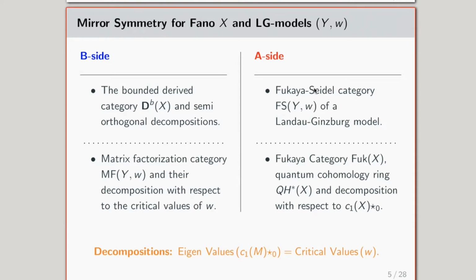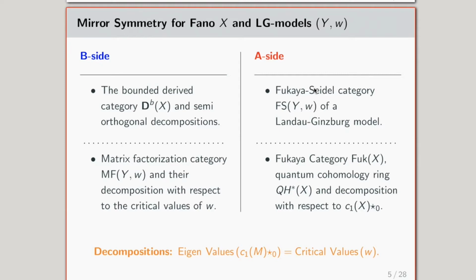So the set of eigenvalues of the quantum multiplication by the first Chern class should be the same as the critical values of W. This is going to play a role. This is an easy corollary of the homological mirror symmetry.